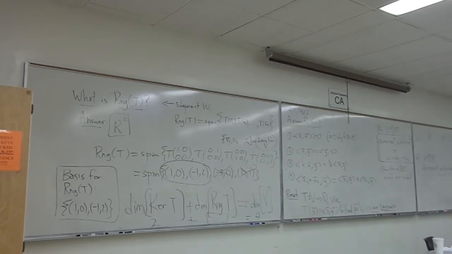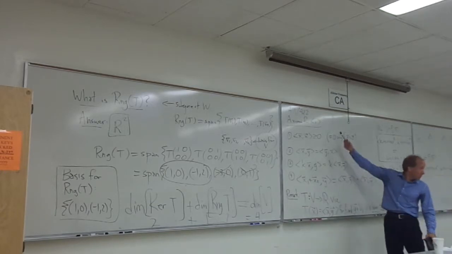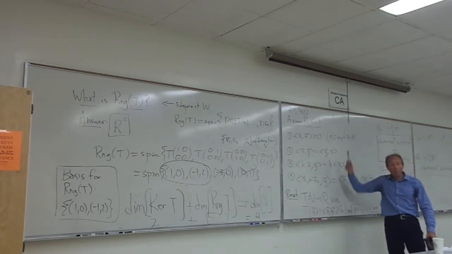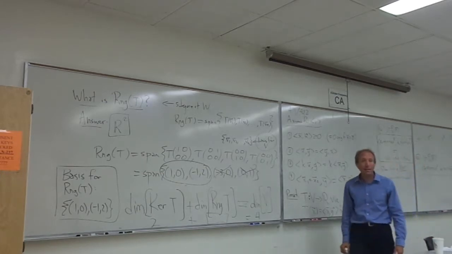This time it says show that it is a valid inner product, which means you have to show these axioms. All 4, technically, if it says that.